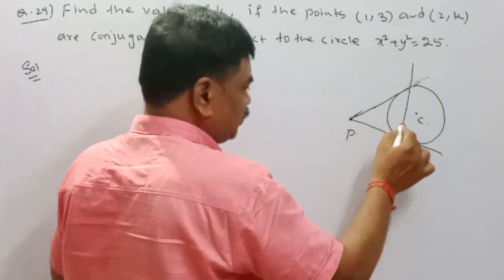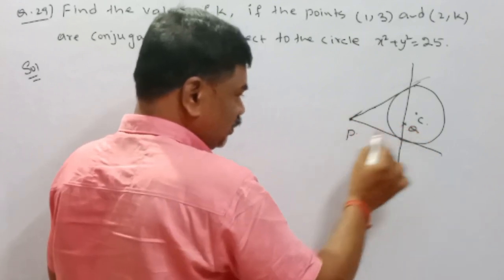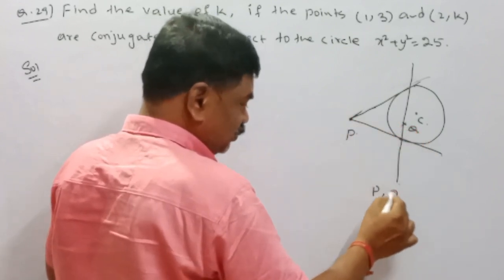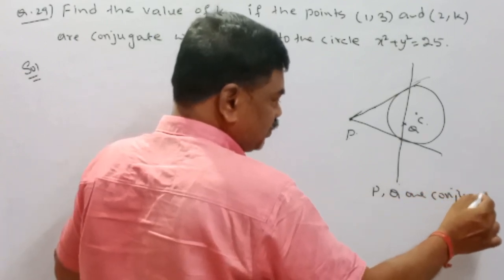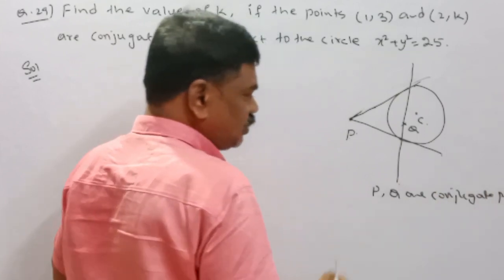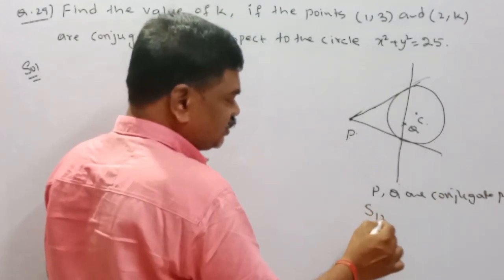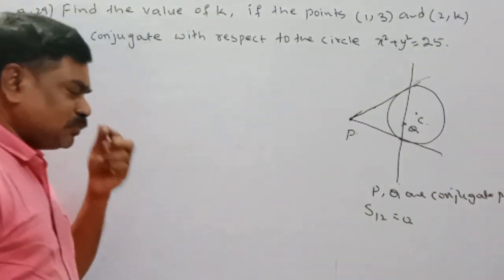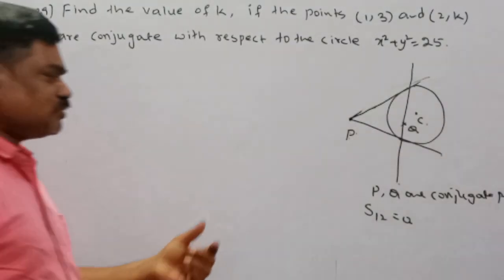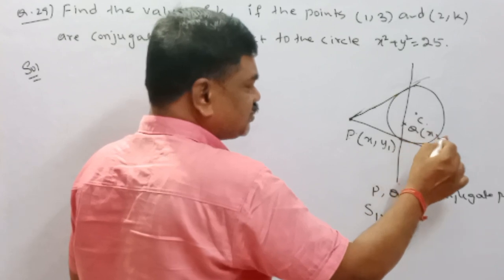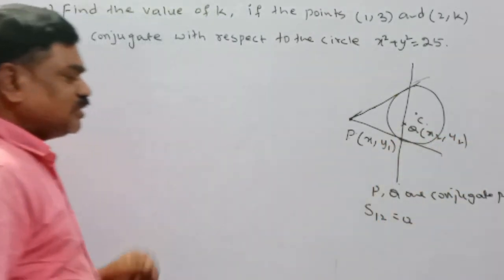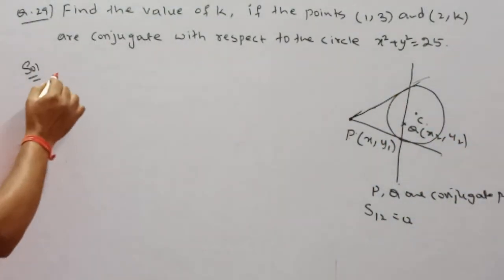And this point is the point Q. Here, P and Q are conjugate points. Then S12 = 0. If two points are conjugate, S12 = 0. This is (x1, y1) and this is (x2, y2). Then we say these two points are conjugate to each other.